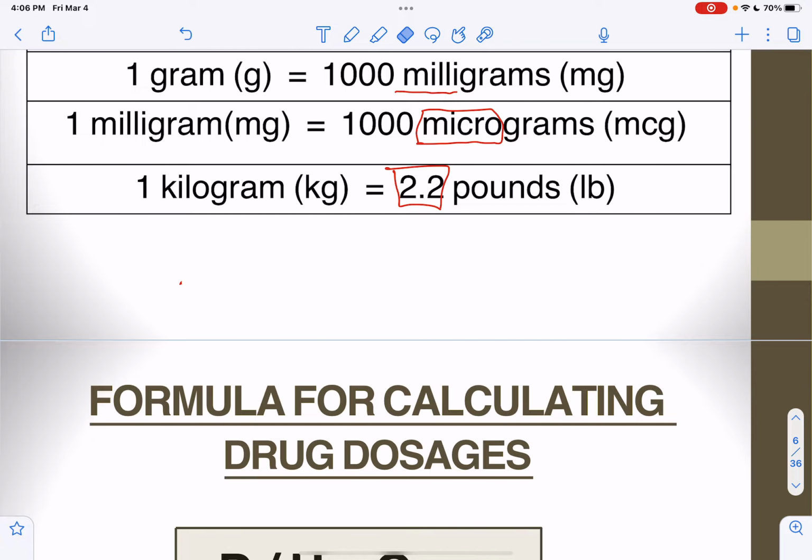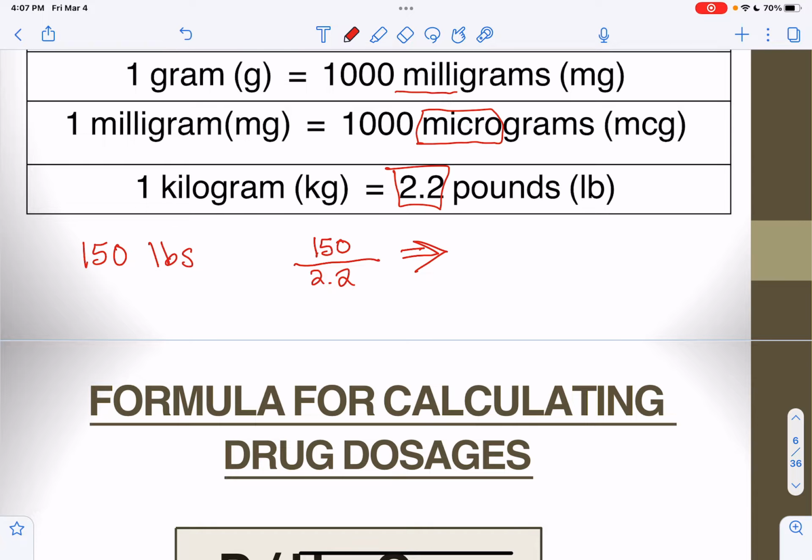If we need to convert from kilograms to pounds, or usually we're converting from pounds to kilograms, say your patient weighs 150 pounds. How many kilograms is that? Well, we're going to take 150 and divide it by 2.2.